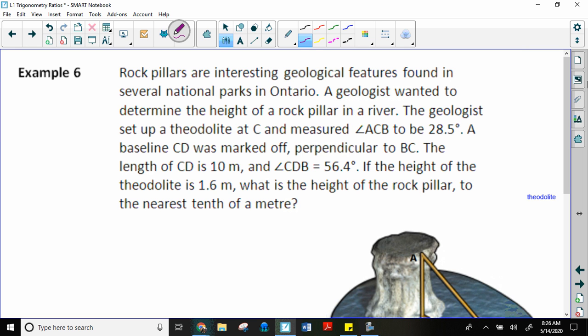Here's our last example. This is an example where you have to use multiple right angle triangles and build information onto each triangle through problem solving.